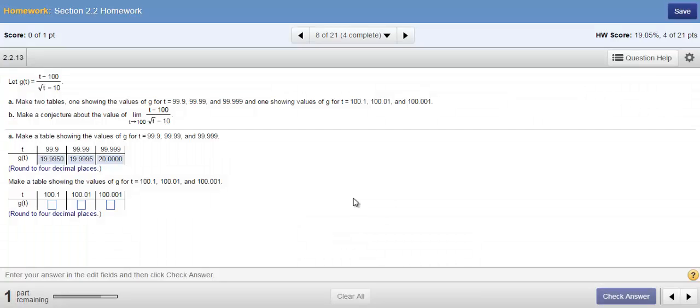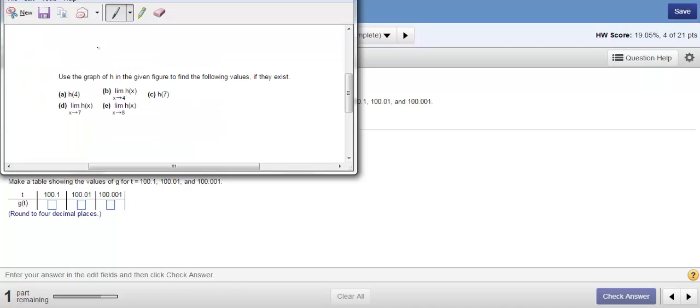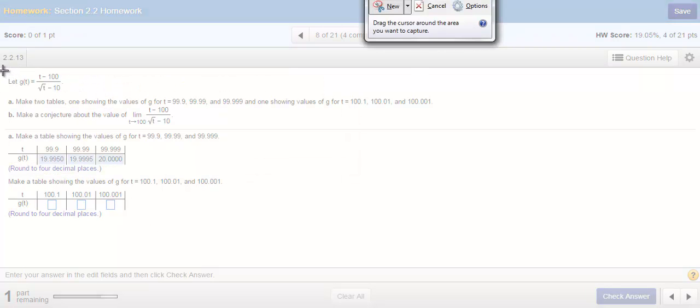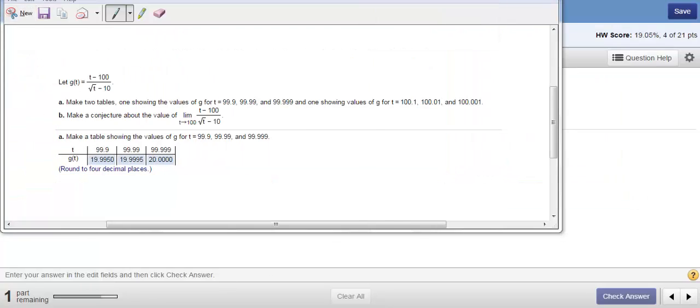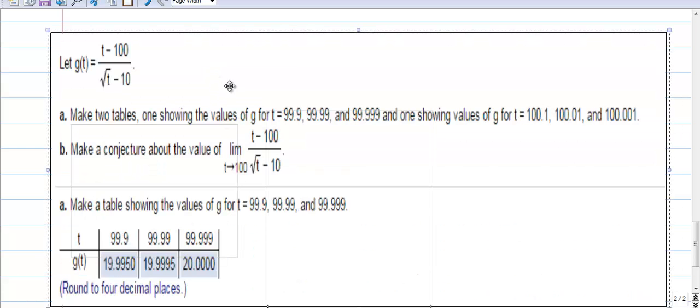Then it wants me to go the other way, and then it's going to want to make a conjecture, and it's going to be 20. But that's how you can use your table to do this type of problem.